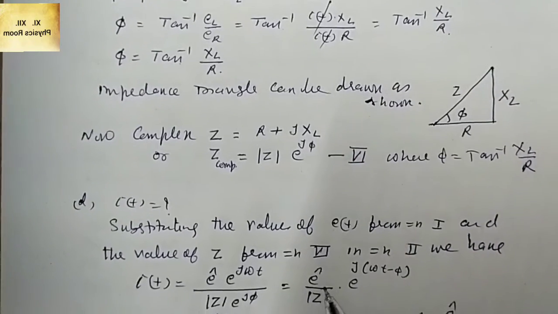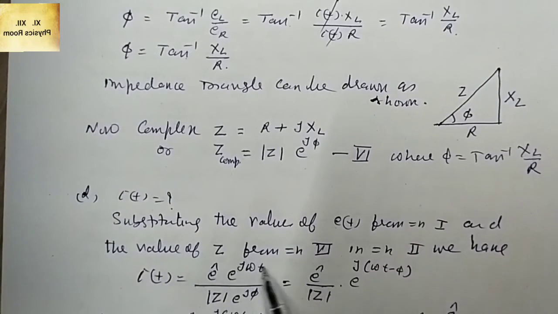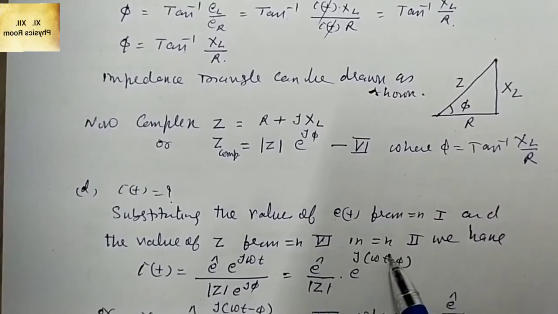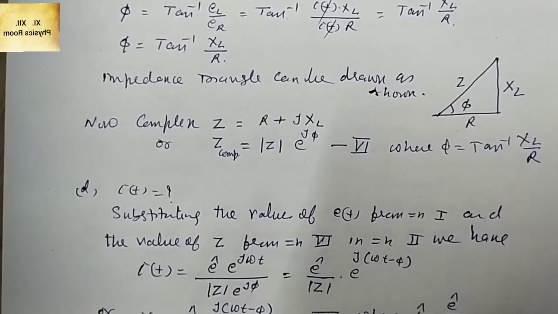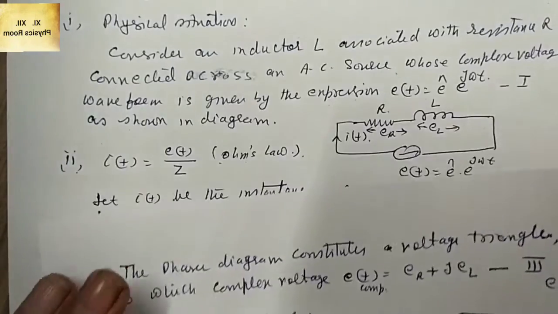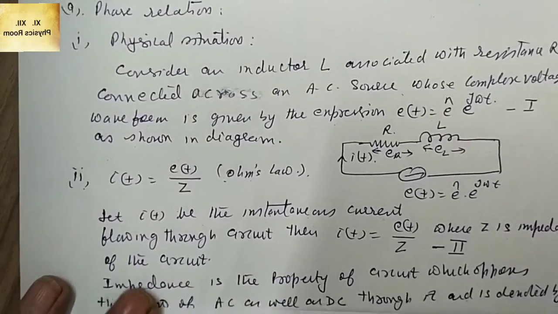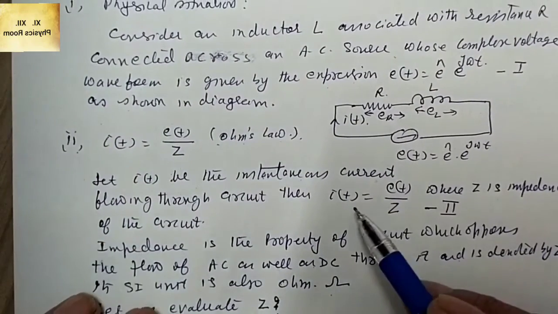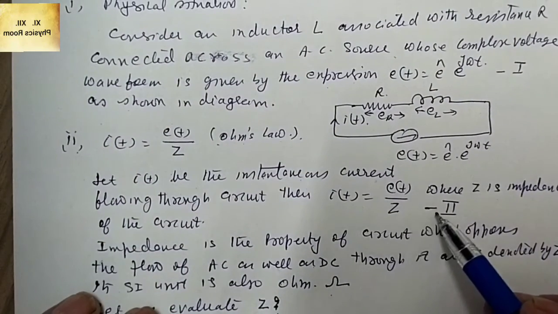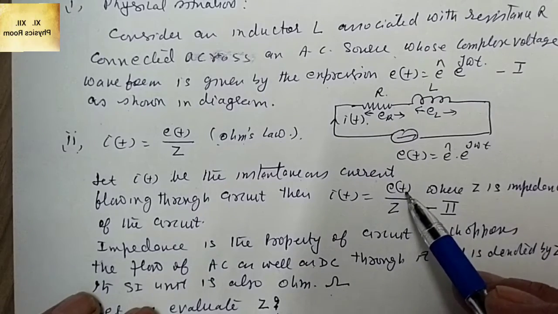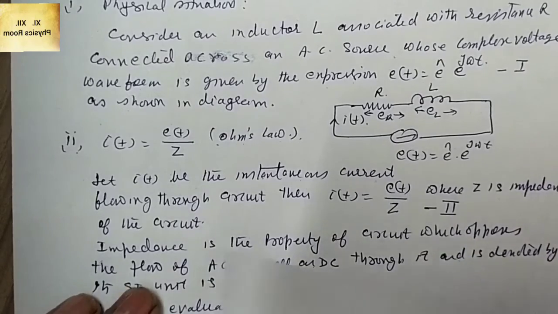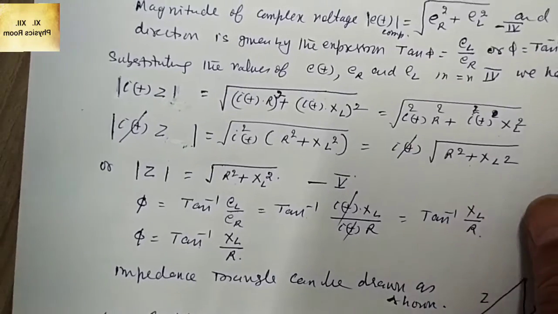So we substitute these values in equation number 2. What is equation 2? Equation 2 is IT is equal to ET by Z. So we substitute the value of ET and the value of Z.